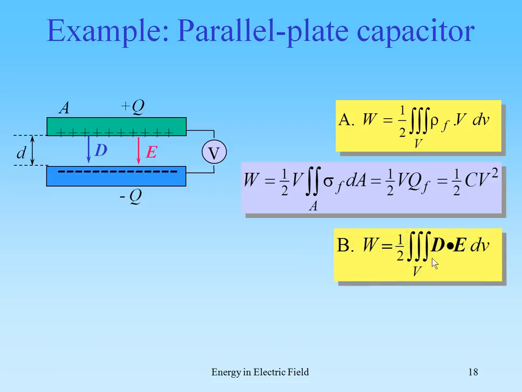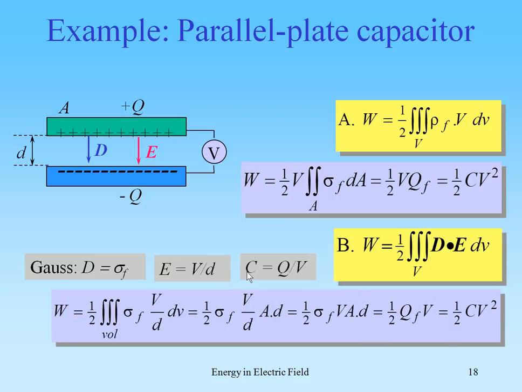The second one is the integral over the displacement times the electric field. We use Gauss: D and sigma are equal, E is V over d, and C is Q over V. Then we end up with 1/2 of D times E, and for dV we write A times d when we perform the integration over the volume, the surface times the distance between the plates.